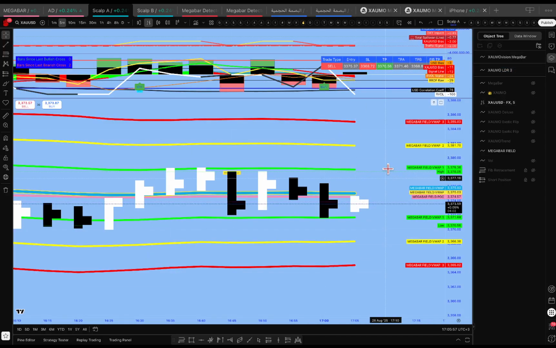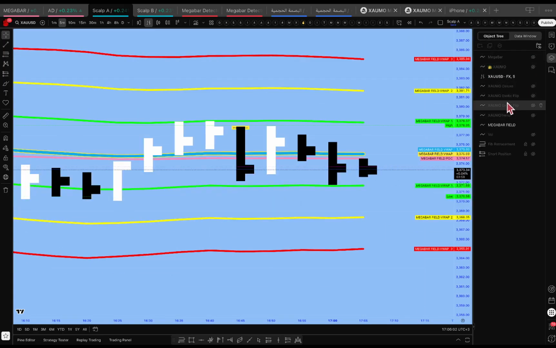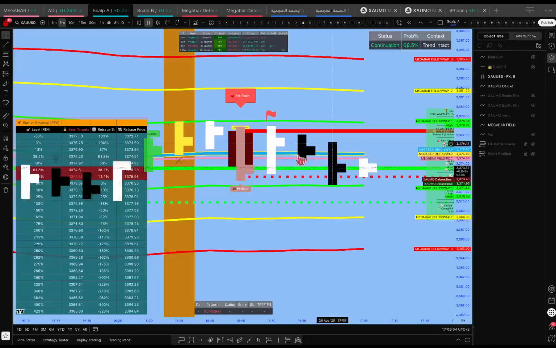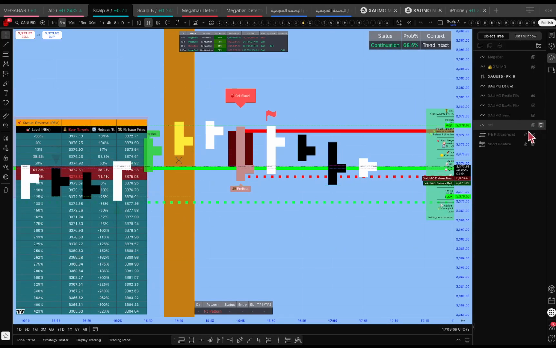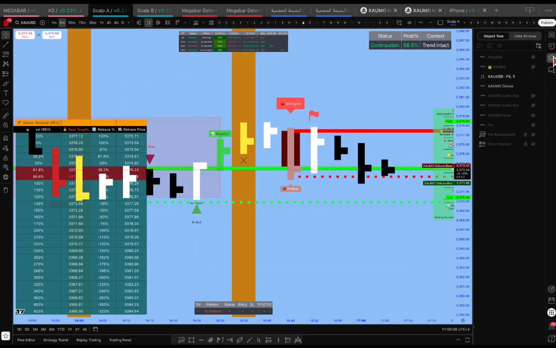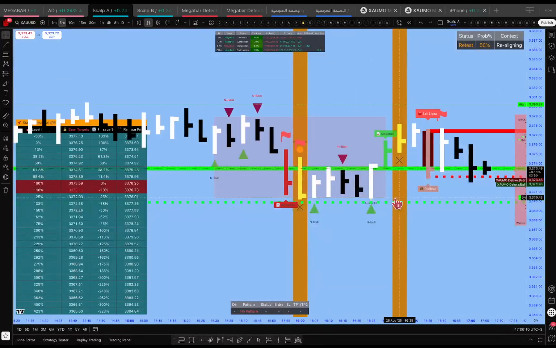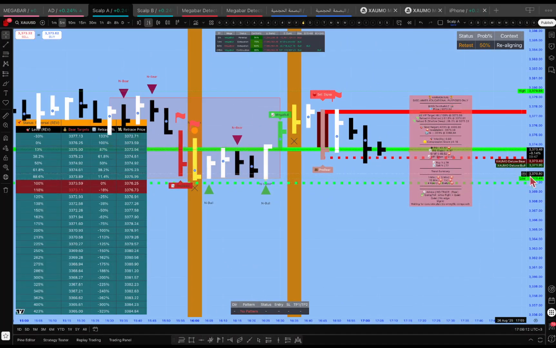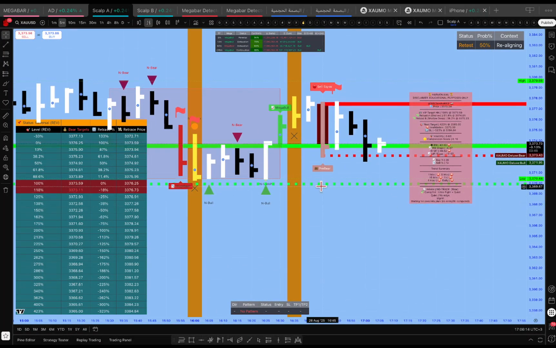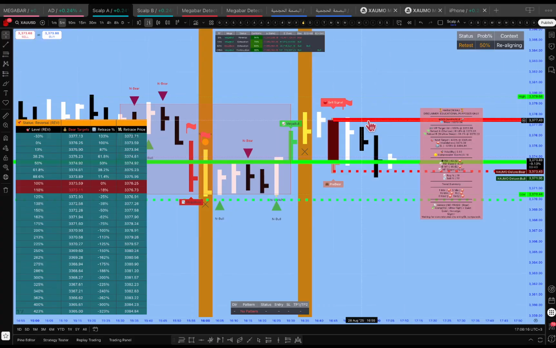This is basically it. Let's delete this, and let's do my XAUUSD Deluxe. This is what you need. Once you're trading XAUUSD, see here, it hit the kill bar.